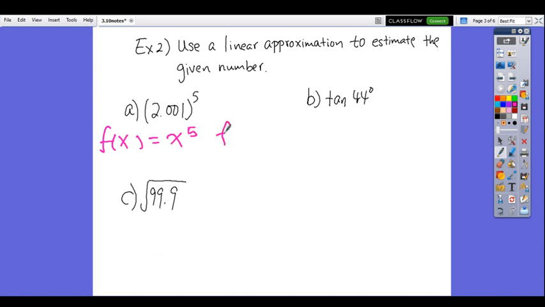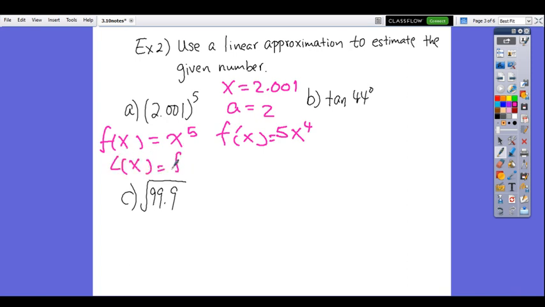So f prime of x is 5x to the power of 4. Again, using the linear approximation, for x we have 2.001, and for the value of a, let's say we use the closest number, 2. Again, linear approximation, L of x equals f prime of a times x minus a, plus f of a.